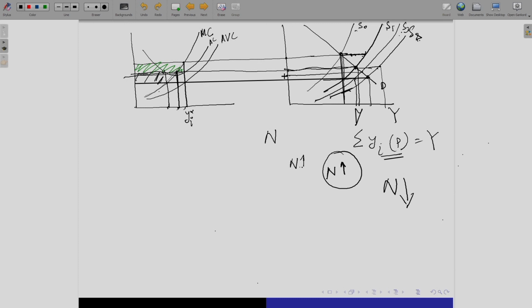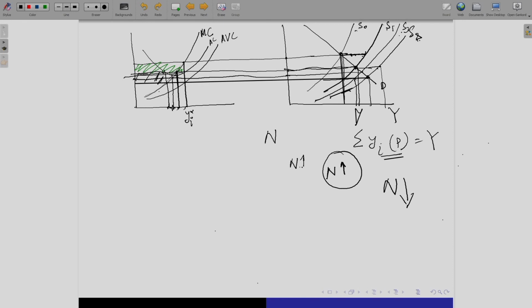At this price, the marginal cost is this, so firms are going to produce this much. It has increased from this to this, but it is still below the average cost. So it is making some amount of losses. So in that period, some firms are going to produce this much output, but over time some of them will leave.